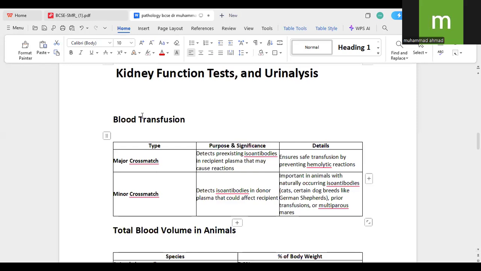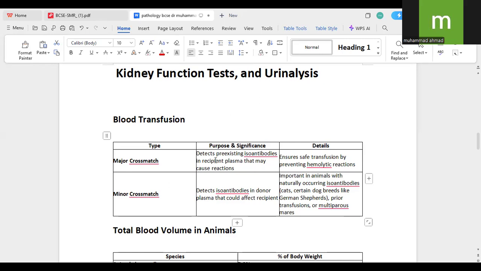So there are two types of cross match, major and minor. Major is most important. Basically, it identifies the antibodies in the recipient plasma that may cause a reaction. For example, if there is a donor A with blood group A and a recipient B with blood group A, both have the same blood group.